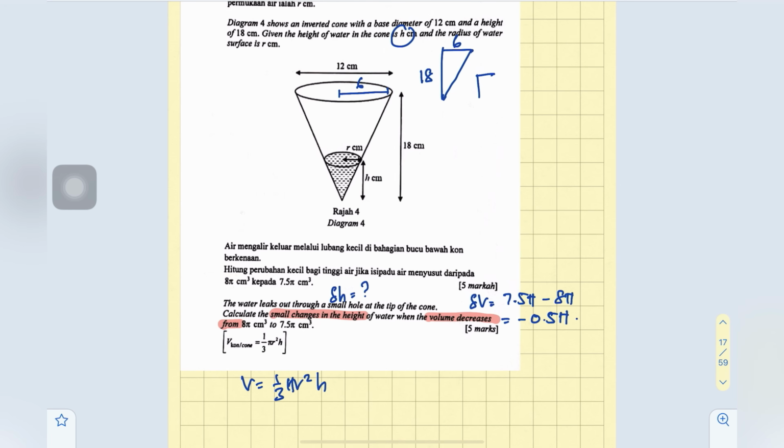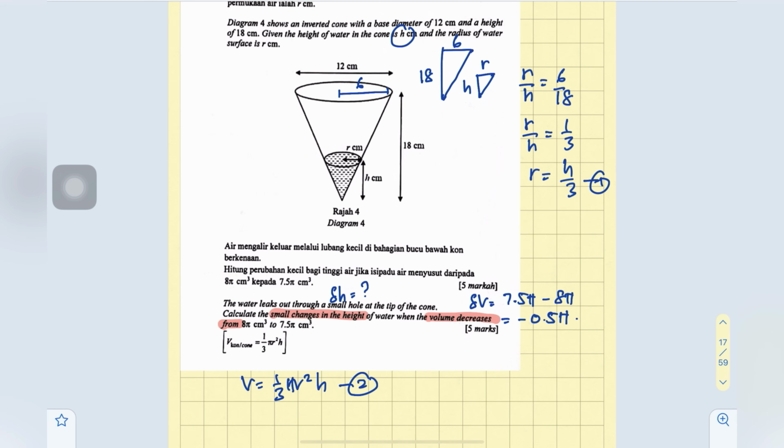Kalau yang kecil R, height dia H. So kita dapat lah dia punya relation between R and H. Okay, so ratio dia lah R over H equals to 6 over 18. So R over H equals to 1 over 3 ataupun R equals to H over 3. So then kita dah ada relation this one.